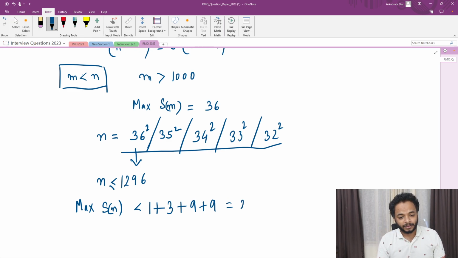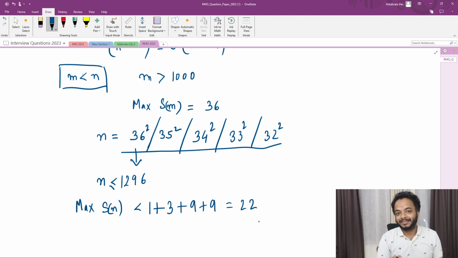So 22 is max Sn. That means Sn square is either 22 square, 21 square, whatever it is, it's not reaching this 4-digit range. It's not being greater than 1000.